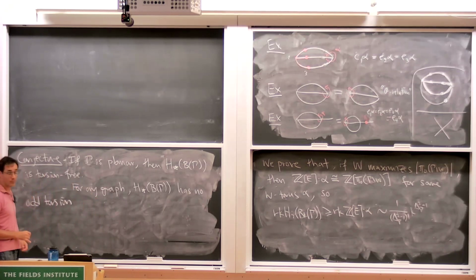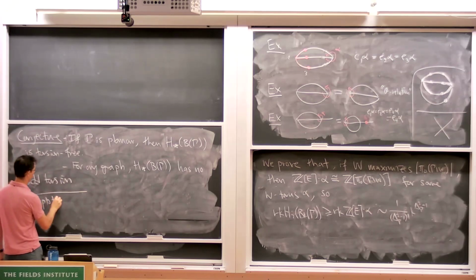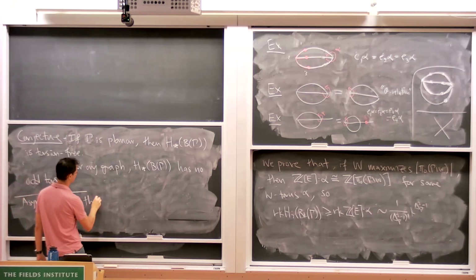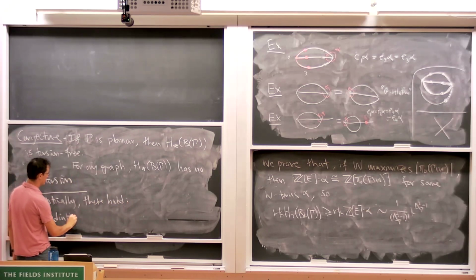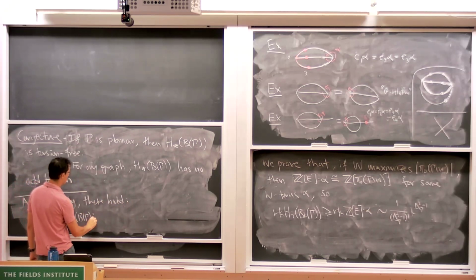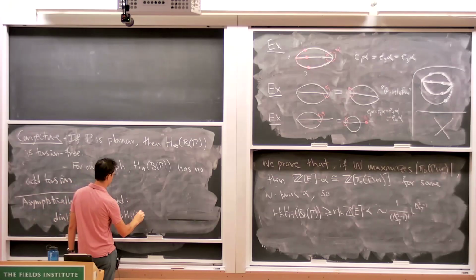And the connection to the theorem is, the theorem says that asymptotically the conjecture is true. So asymptotically the conjectures hold, in the sense that the dimension of the homology with Q coefficients has the same asymptotics as the dimension of the homology with FP coefficients.